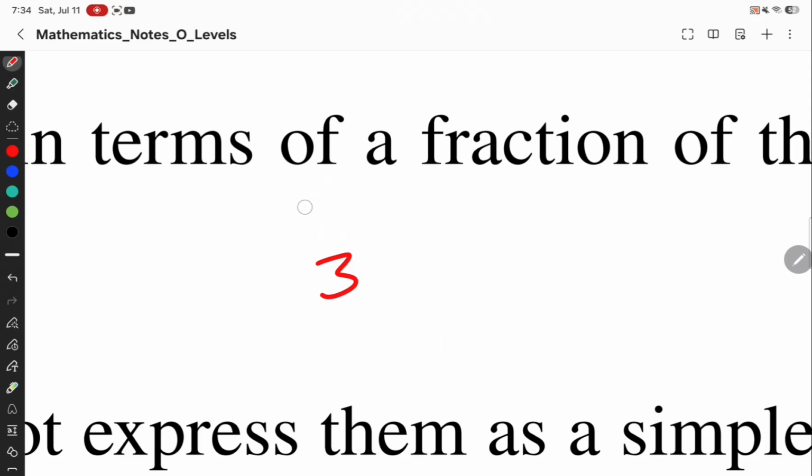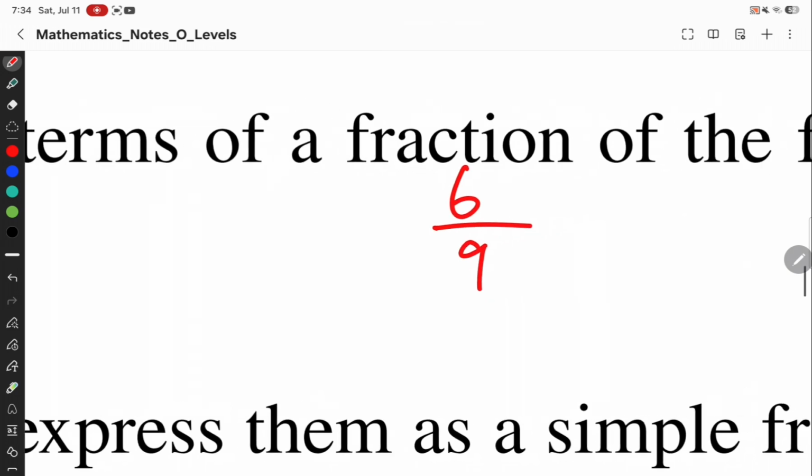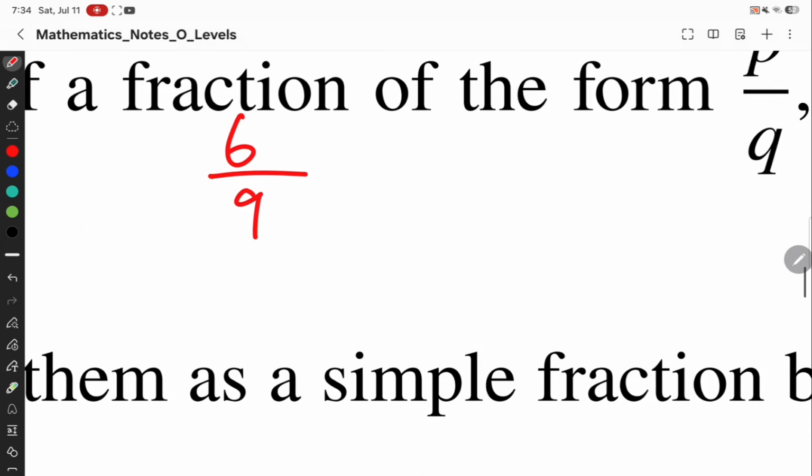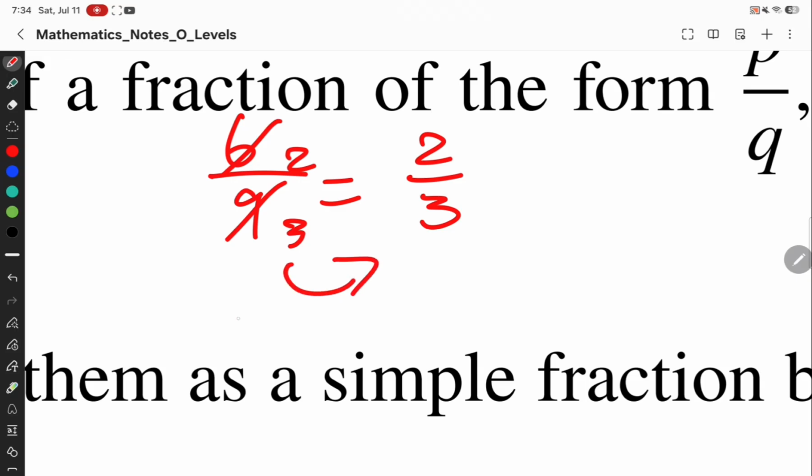If we have 6 over 9, however, this is not in its simplest form. We can still reduce this by dividing by the times table of 3. We get 2 over 3. This is called simplifying fractions.